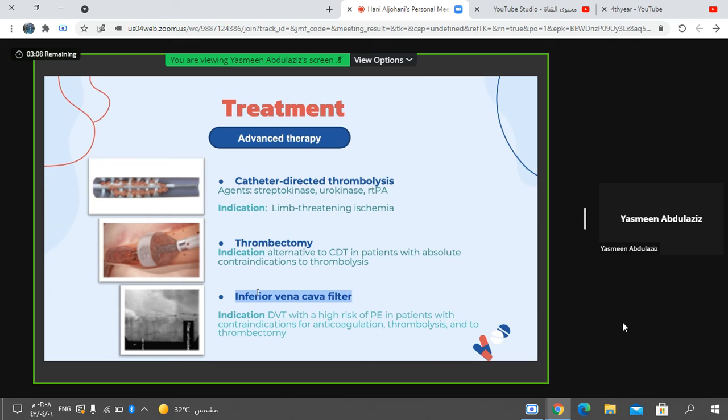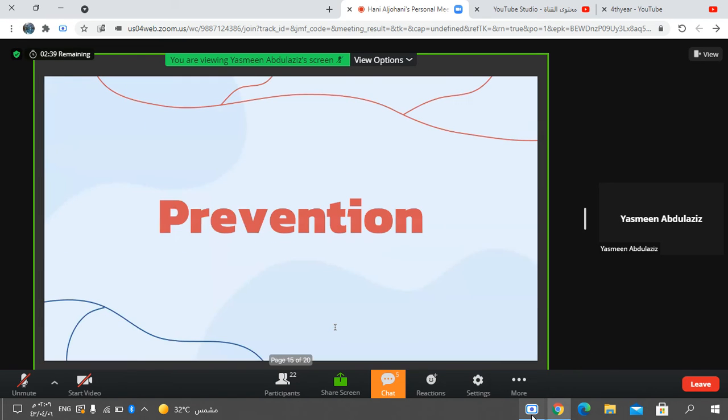It's actually not a treatment for deep vein thrombosis, but a prevention for patients with high risk of pulmonary embolism, to prevent the fatal embolus that can form, especially for patients who are contraindicated for anticoagulants. So we put this as a prophylaxis for major or fatal complications, temporarily, until patients can resume the anticoagulation or the risk is reduced.